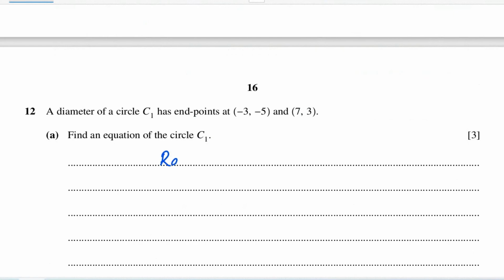To find the radius, it is nothing but the diameter divided by 2.